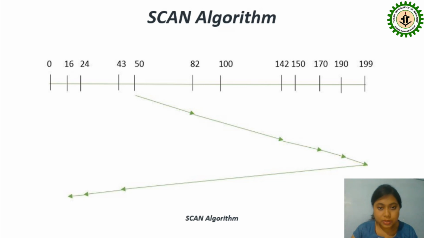First from 50, we are going towards the larger values 82, 140, 170, 190 and the end is 199. From 199 we are again going to the smaller side, that is 43, 24 and the last one is 16.